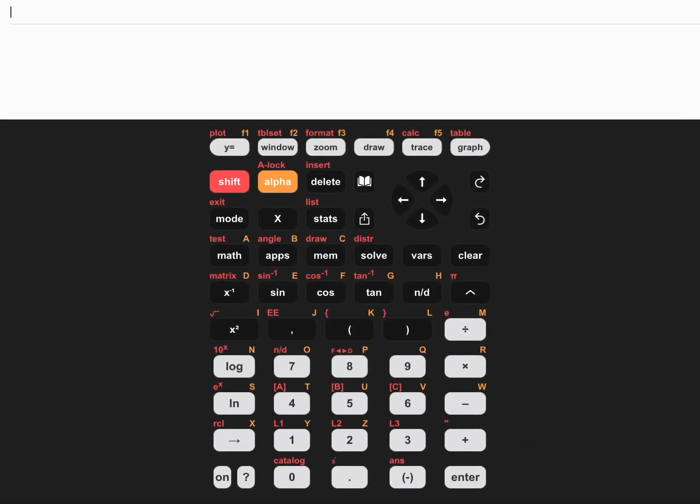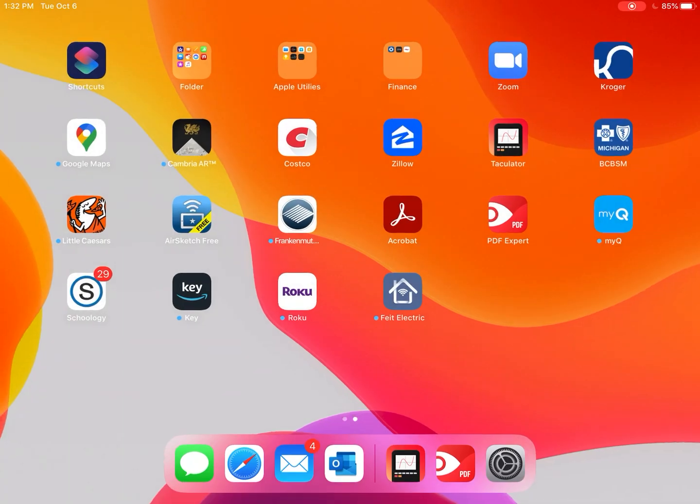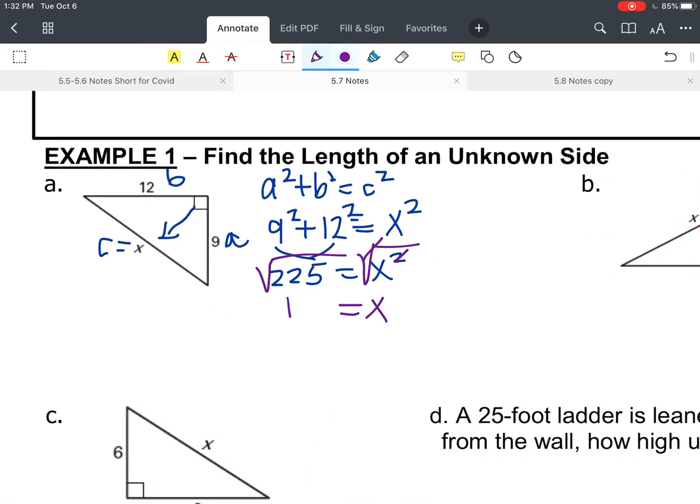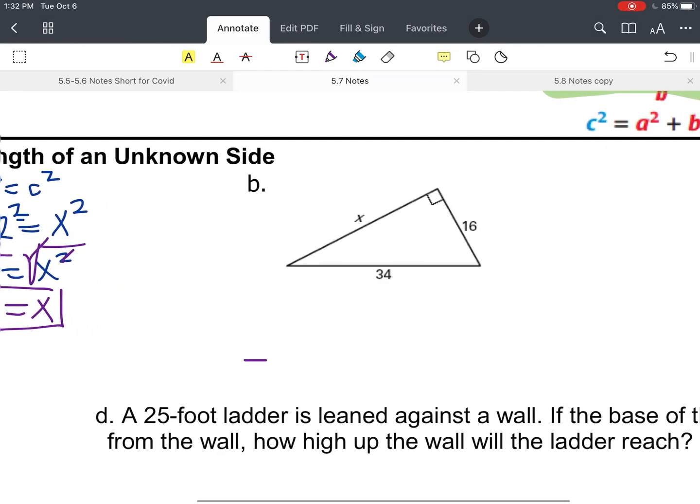The square and the square root are going to cancel, and you'll be left with x equals, on our calculators, which I'll pull up right here, if you press shift or second and then the x squared button on the left, that's how you'll get the square root button, there it is, and then we can type in 225. Press enter, and that's 15, meaning 15 times 15 is 225. So x equals 15. That will be your answer.